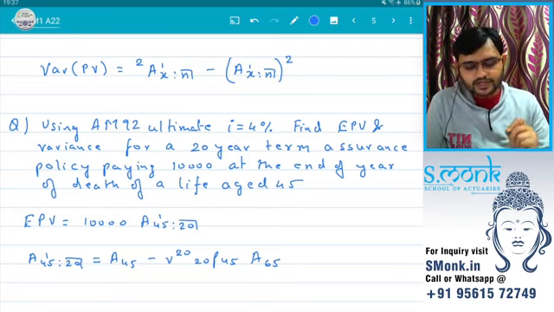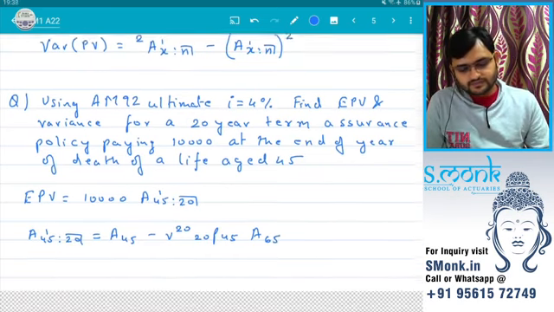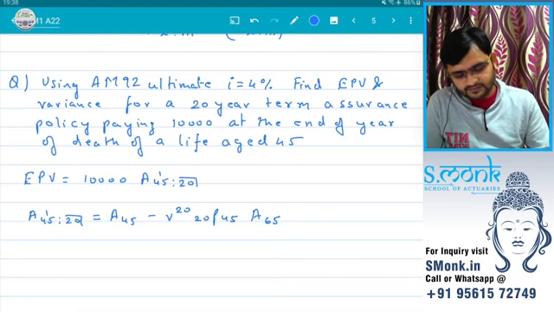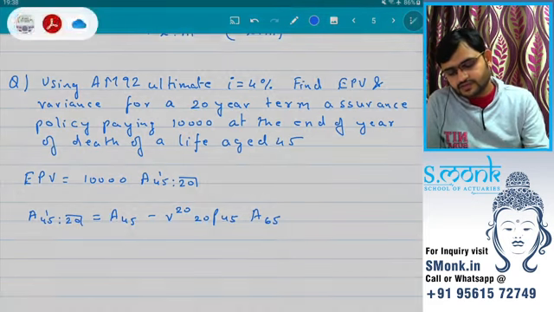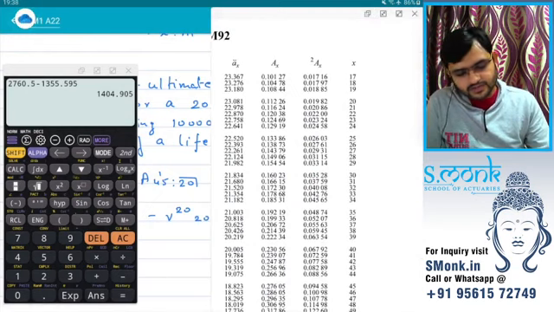So we're subtracting the future whole life assurance if the person survives for 20 years. So we know A45, we know A65. We can easily find that from our tables.